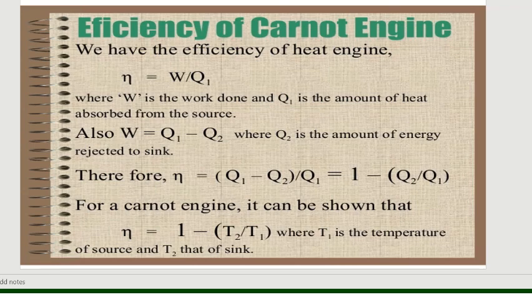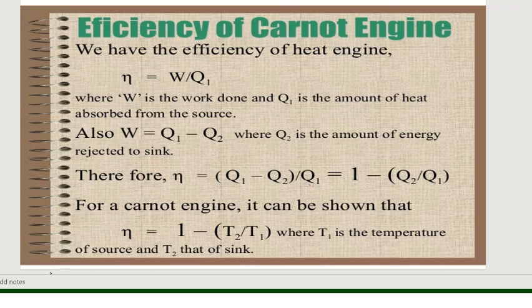Q1 is the amount of heat absorbed from the source, whereas Q2 is the amount of heat rejected to the sink. That is, the Carnot engine works between two temperatures. Therefore, efficiency will be Q1 minus Q2 divided by Q1, which equals 1 minus Q2 by Q1.